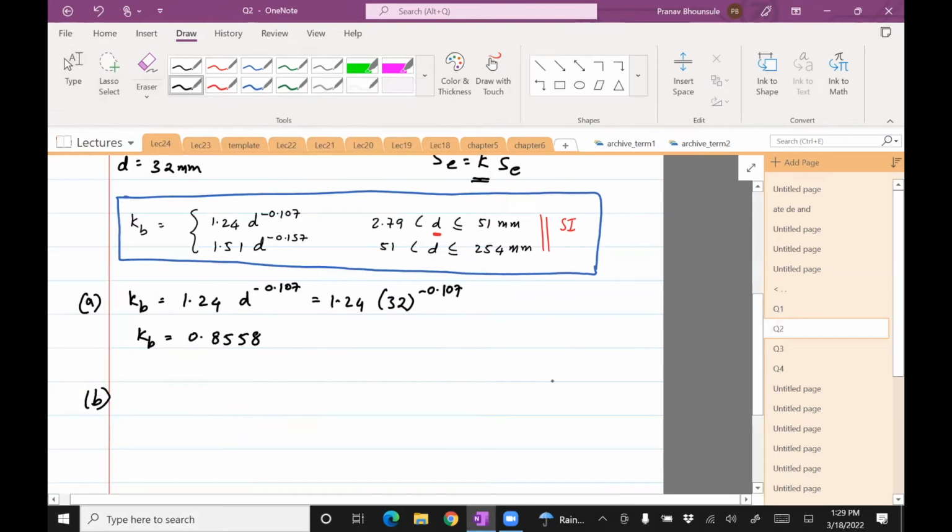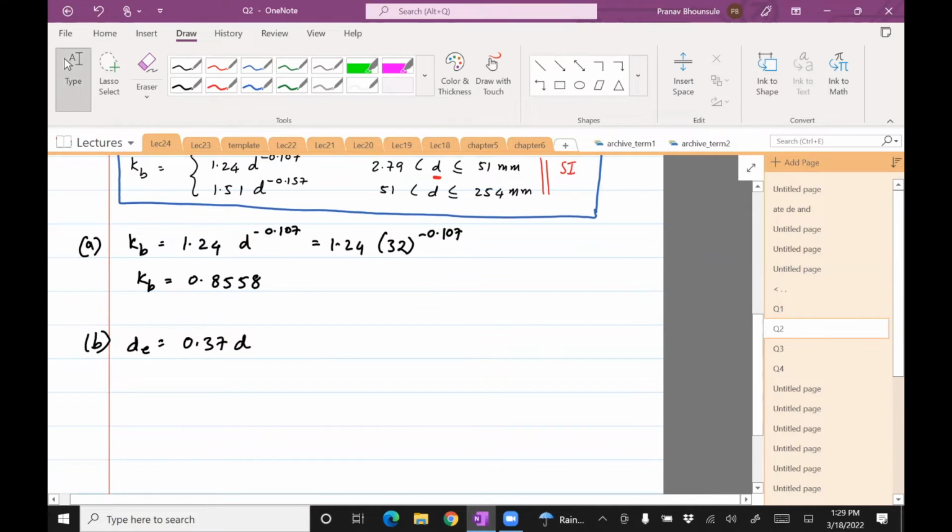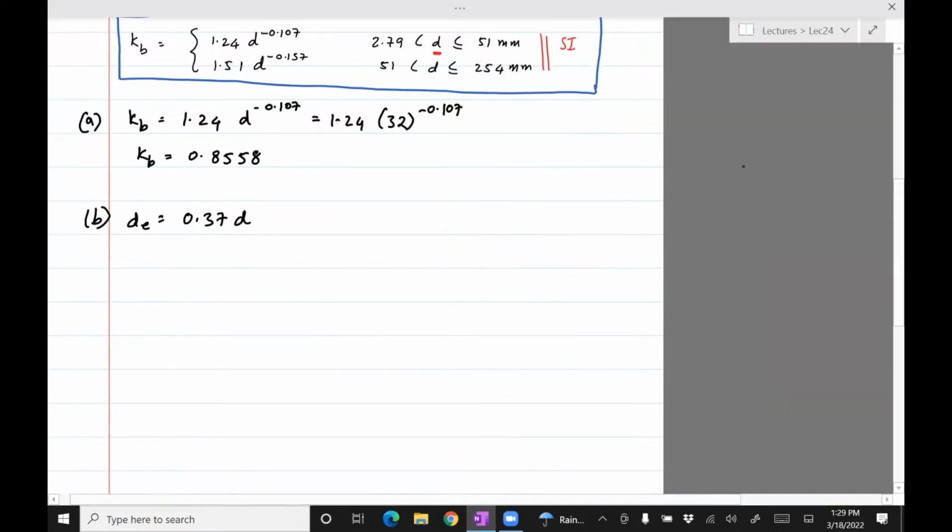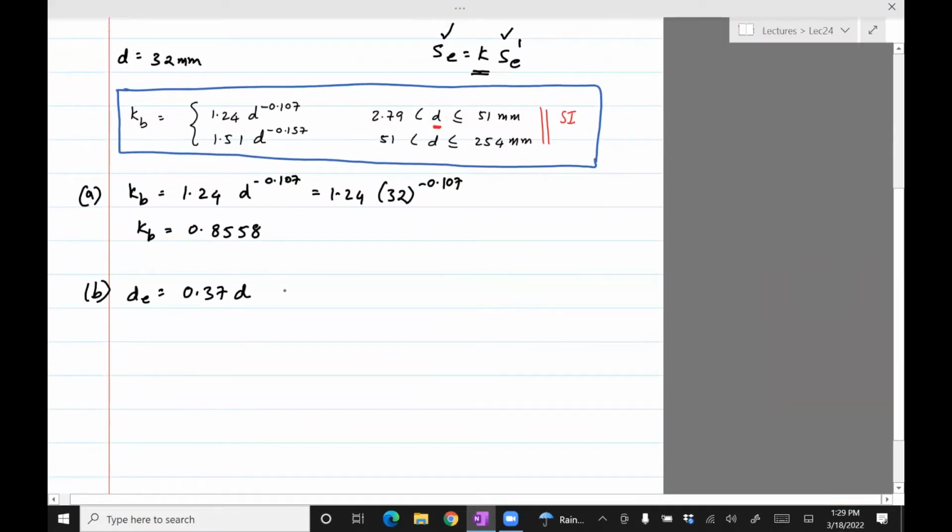So DE is 0.37D, which is 0.37 times 32, and that comes out to be 11.84. Now, when you compute the factor KB, you will be basing it off D equals 11.84, not 32.